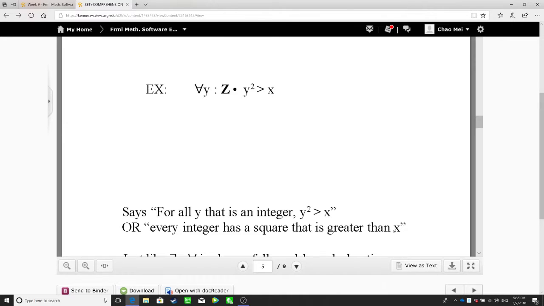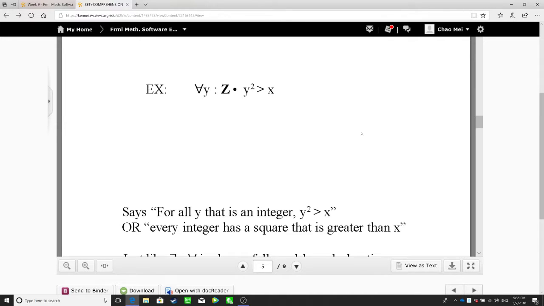Can we see, is this true or false? Let's think about it. For every y, we need every y to meet y squared greater than x. What's x? That's a problem here. What's x?